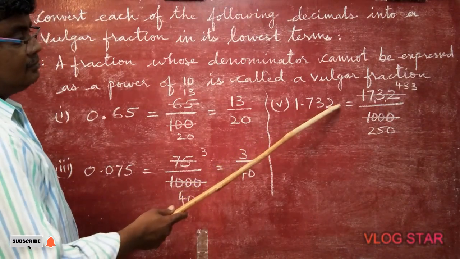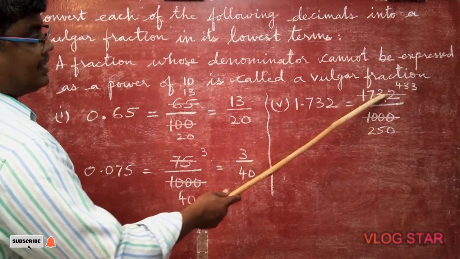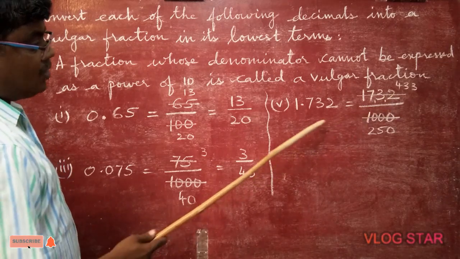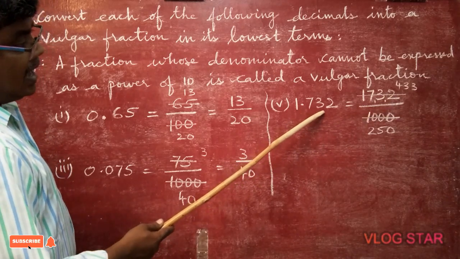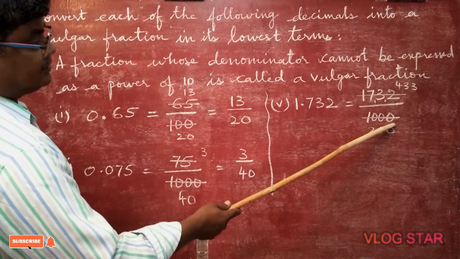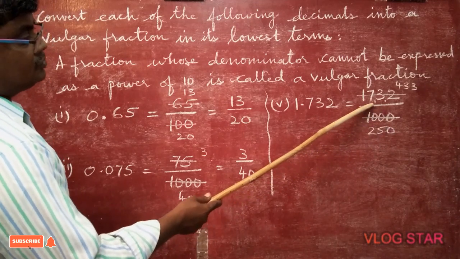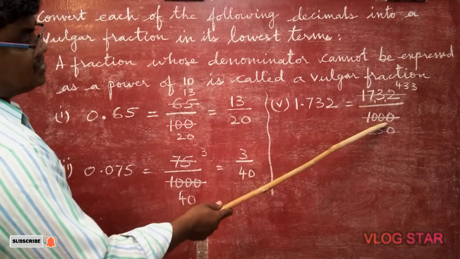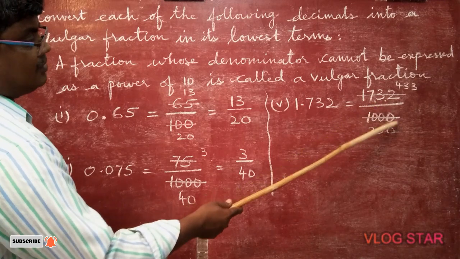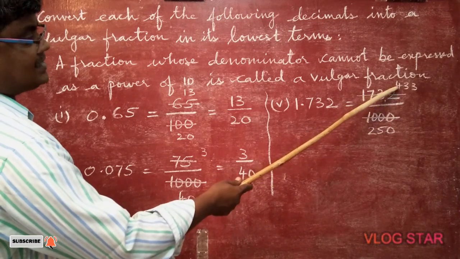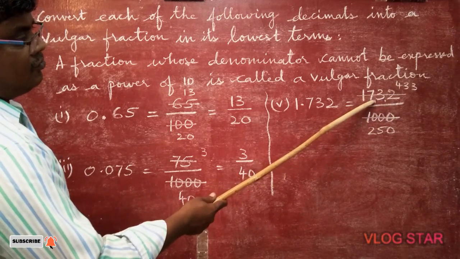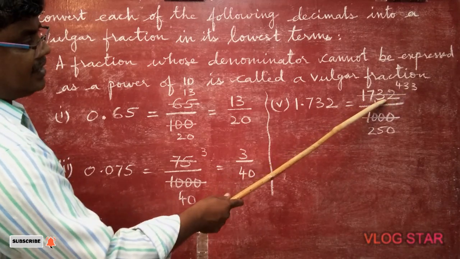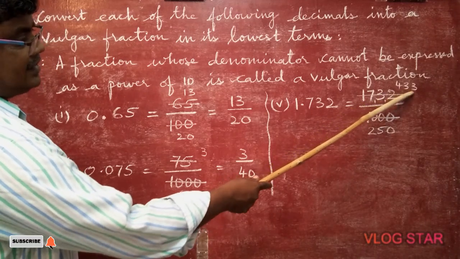1.732 means 1732 divided by 1000. Why 1000? After the decimal, 3 digits are there, so 1000. Now take the 4 table, because in the last two digits, 32, the 4 table cancels. 4 4s are 16, 1 remaining. 4 3s are 12, again 1 remaining. 4 3s are 12, 433.